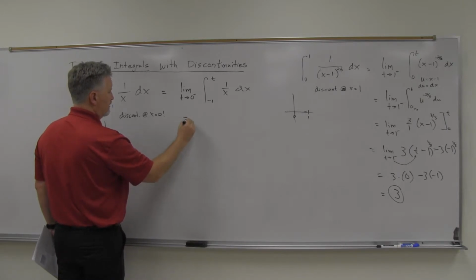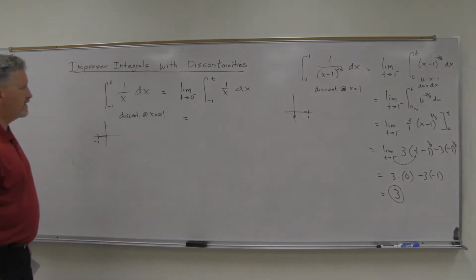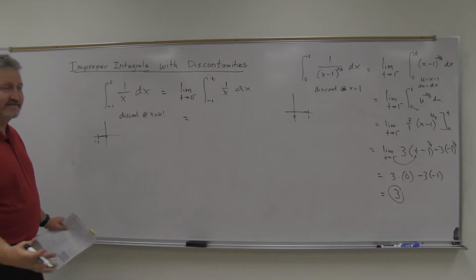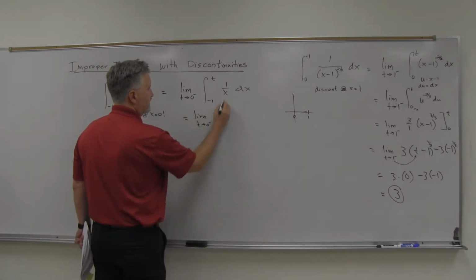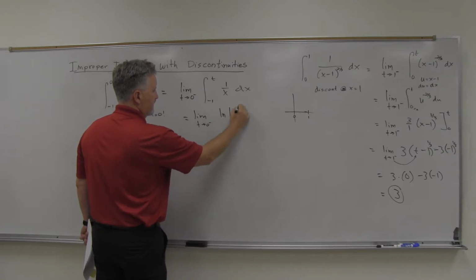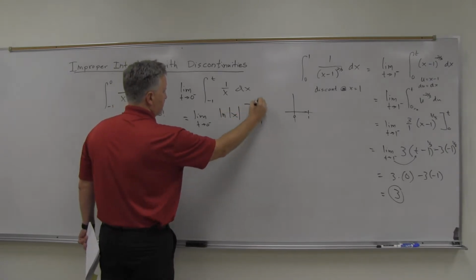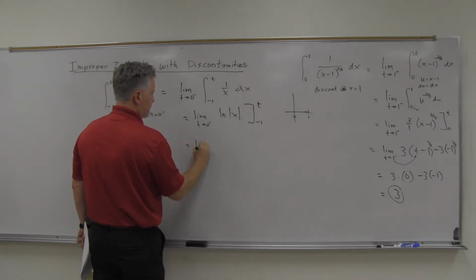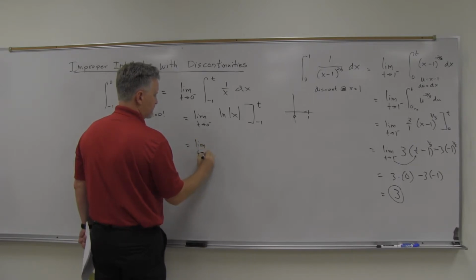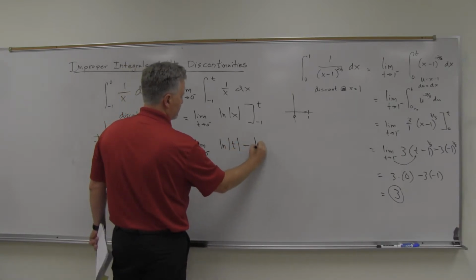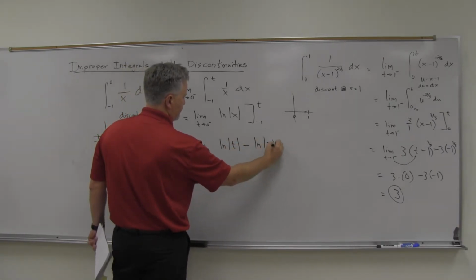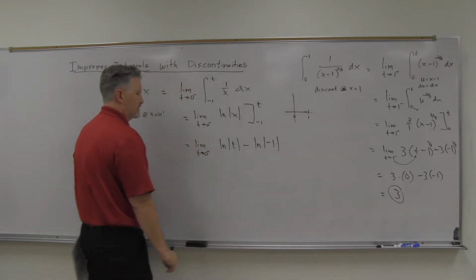Okay, what do you got there? Ln. So it's the limit as t goes to 0 from the left of ln of absolute value of x, evaluated from negative 1 to t. So we plug in the values: the ln of the absolute value of t, minus ln of the absolute value of negative 1.